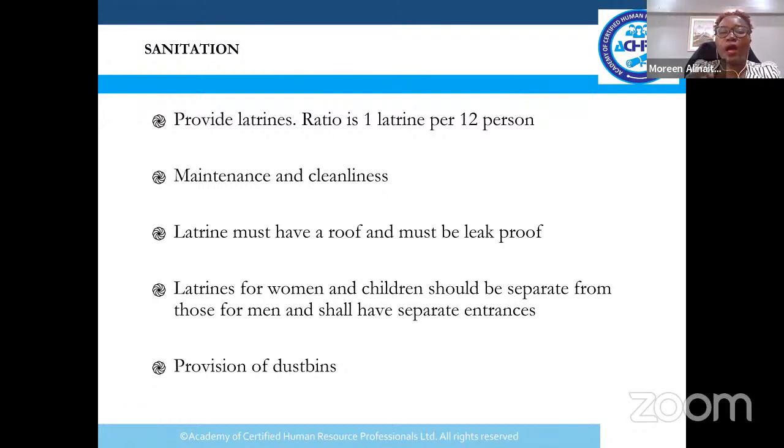So in case you go against the rules that we've just read, the ones in line with the children, the ones in line with the provision of sanitary equipment and latrines, the one in line with the leave, if you are convicted, you will pay a fine of 50,000 or be imprisoned for 6 months or both.